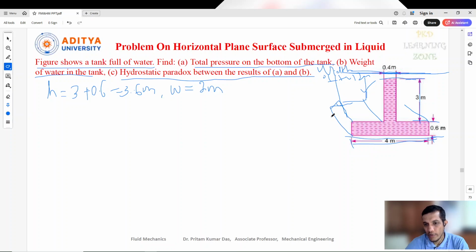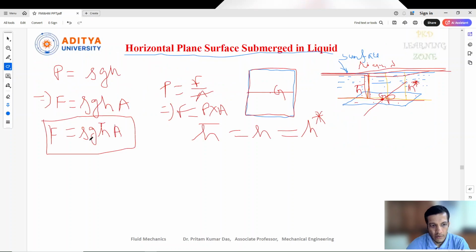Similarly, this is the width part, actually 2 meter, and the length of this tank is given as 4 meter. So these are the dimensions given for this tank, and here we need to find the total pressure force acting on it. We know that the total pressure force equals rho g h bar a, as we just discussed.